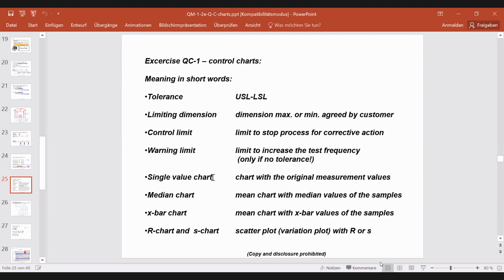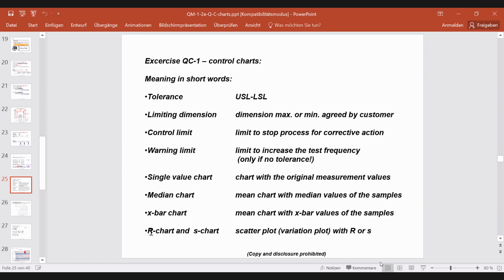A single value chart is a quality control chart with the original measurement value. A median chart is with the median values, and an X bar chart is with the arithmetic mean values. And this is for the variation line here.